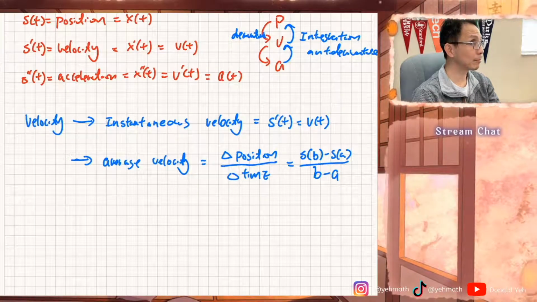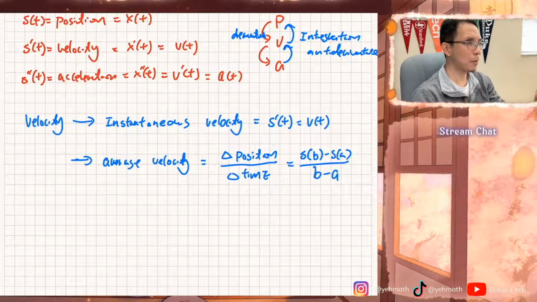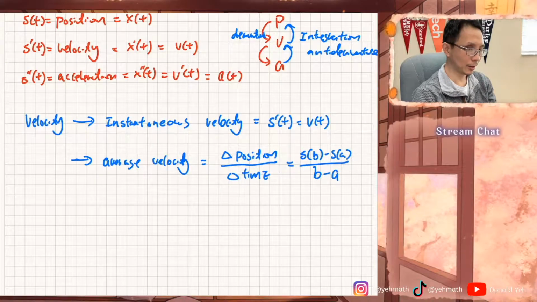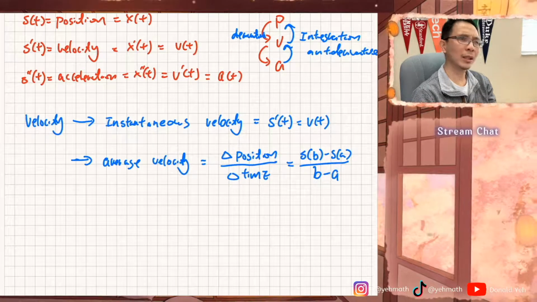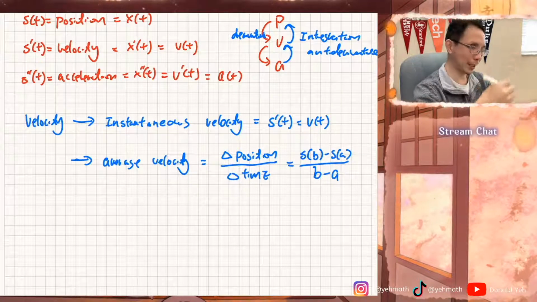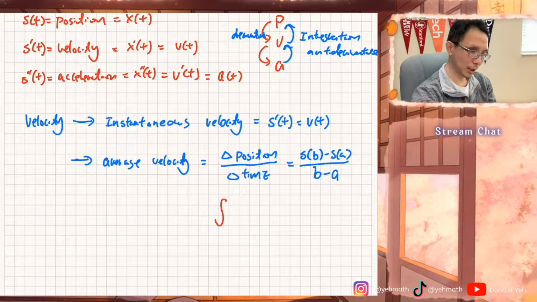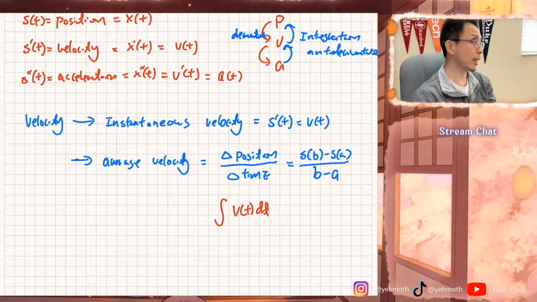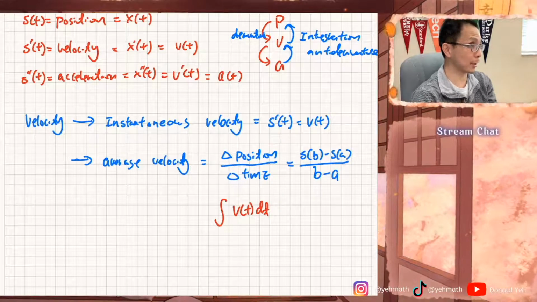Almost. Exactly. Integration of v of t dt, because I need to go into positions in order to find average velocity, right?